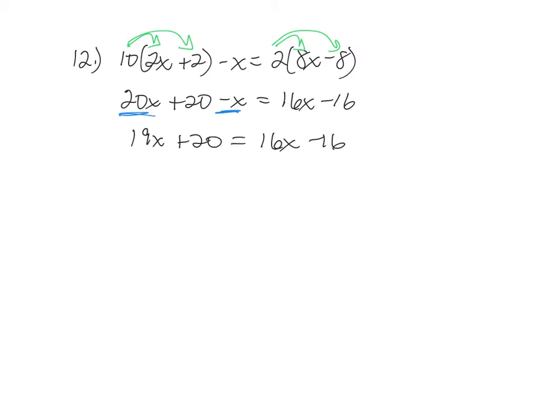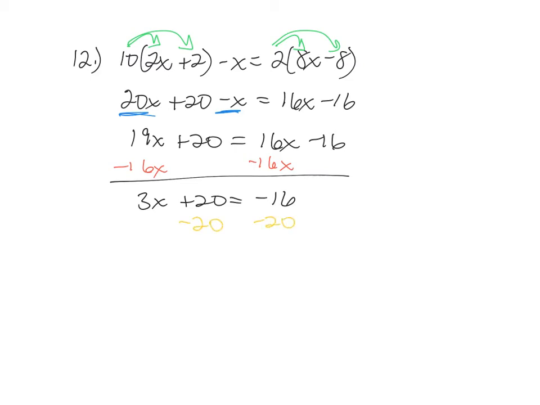Alright, so once we have two things on either side, then we're going to start solving. So move the smallest x, 16 is smaller. 3x plus 20 equals negative 16. And then subtract 20.